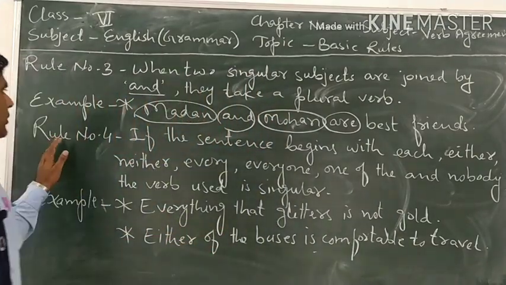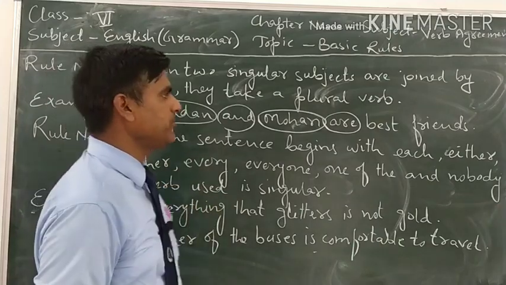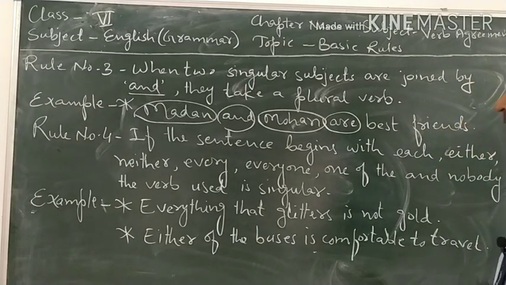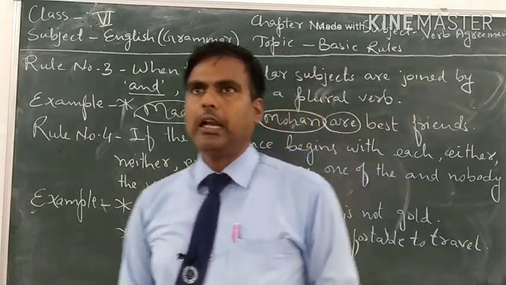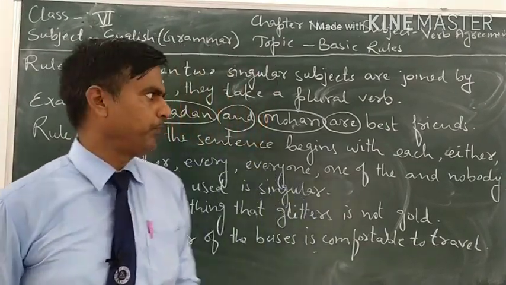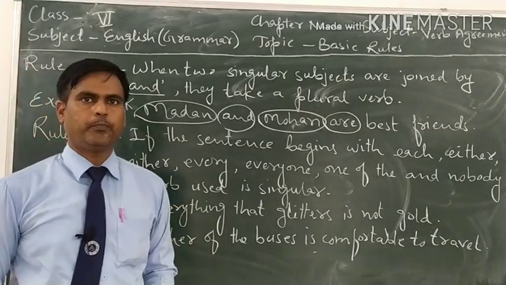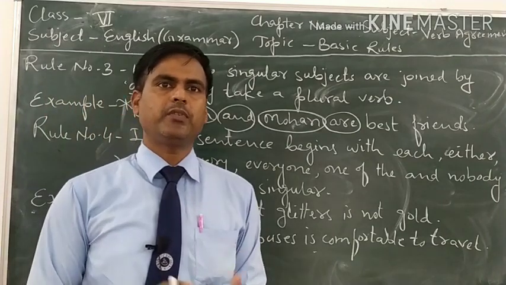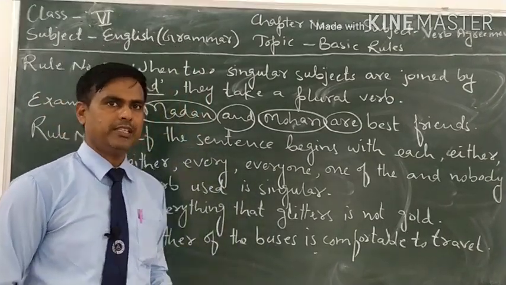Now come to rule number 4. Rule number 4 is if the sentence begins with each, either, neither, everyone, one of the, and nobody, like these words, the verb used is singular.